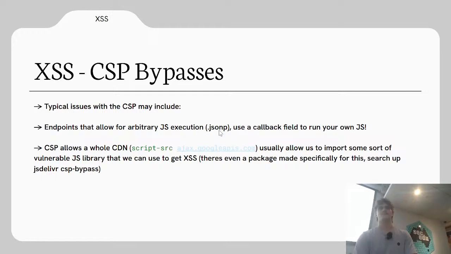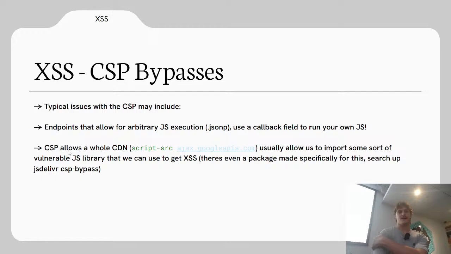So if we can load from a JSONP file, JSONP files allow us to specify a callback to run, which the JSONP file will process and run as its own JS. So if you ever find a JSONP file anywhere on the web page, make sure to check it out, because it's a pretty good way to get around CSPs.